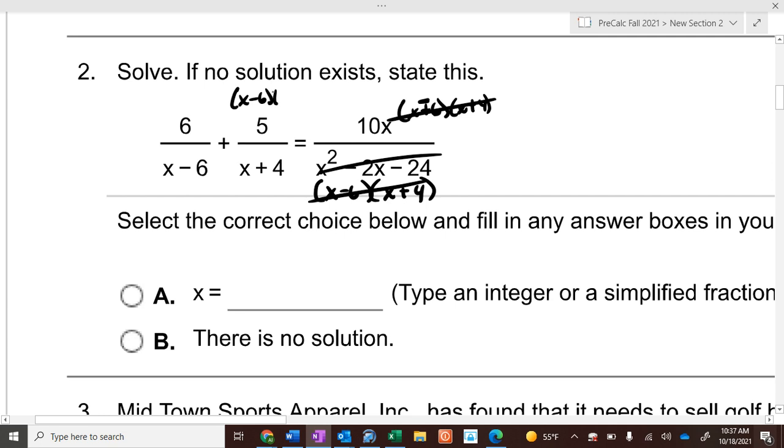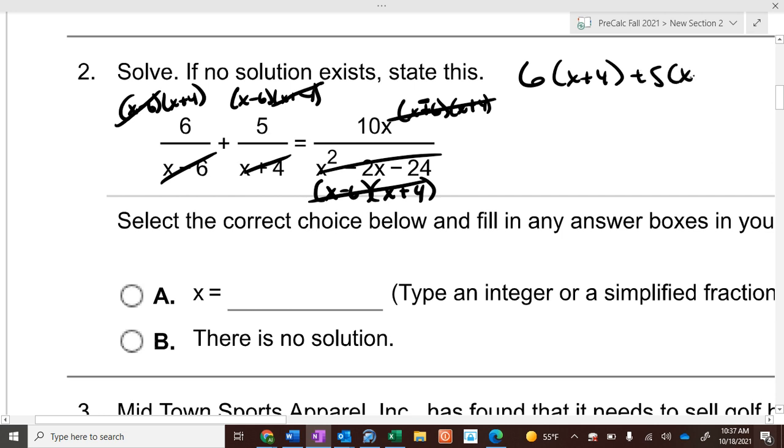So the x minus 6 cancels here, and the x plus 4 cancels here. So it's 6 times x plus 4 plus 5 times x minus 6 equals 10x.